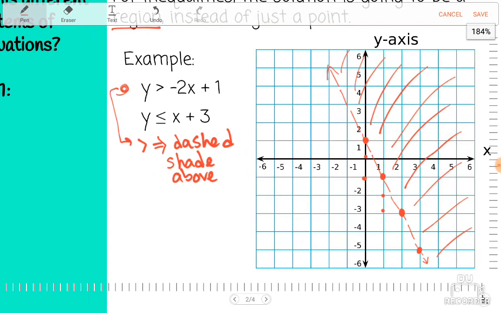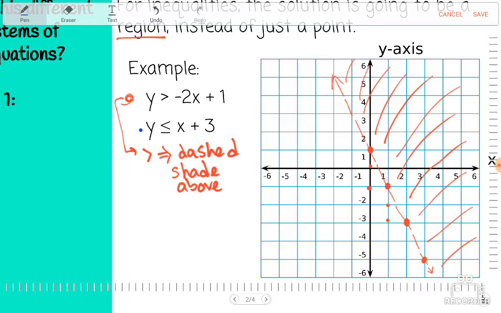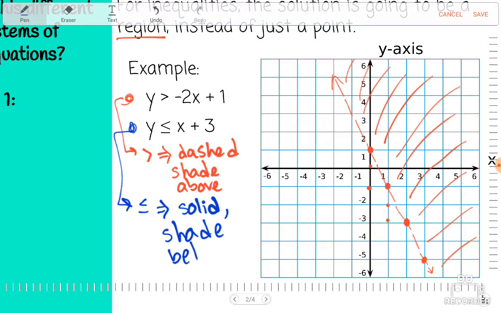Okay, for the second graph, I'll do that in blue. For this one, it's a less than or equal to sign, which means I'm going to have a solid line, and I'm going to be shading below the line because it's less than. I start at my y-intercept, which is +3, so up here.